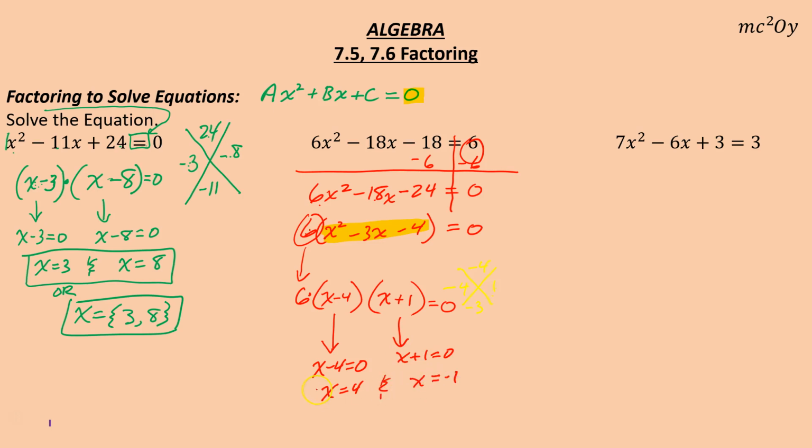Those are my solutions. The 6 doesn't do anything for our solutions. So x equals 4 and negative 1. It doesn't matter the order. Usually you go numerical, so negative 1 and 4, but either one is fine.